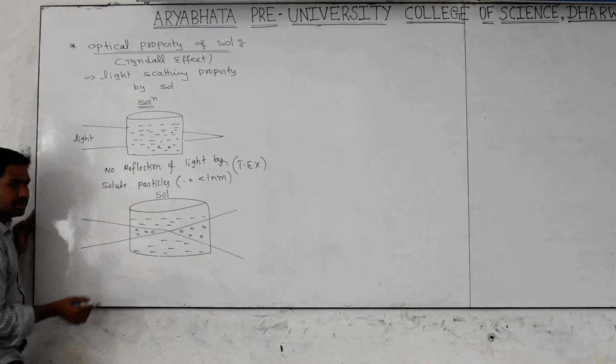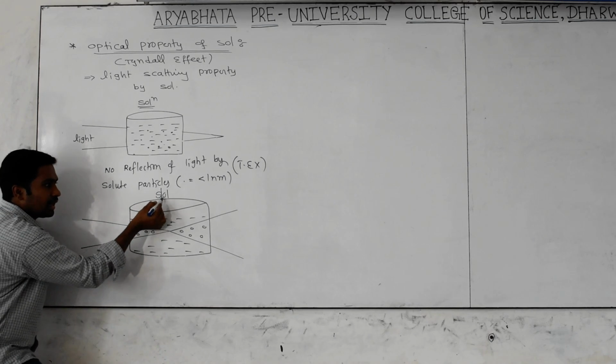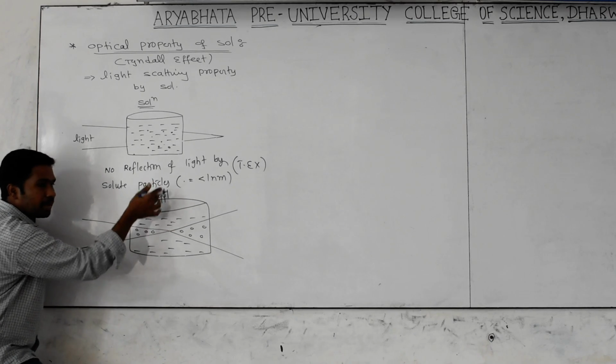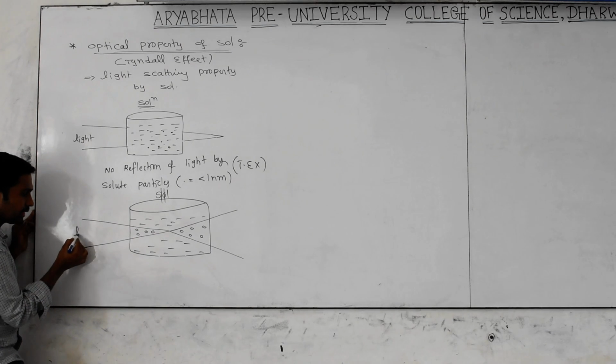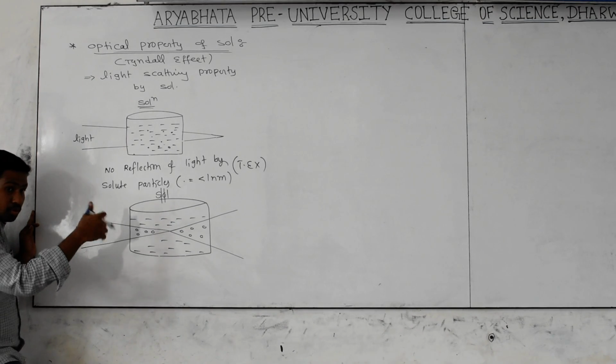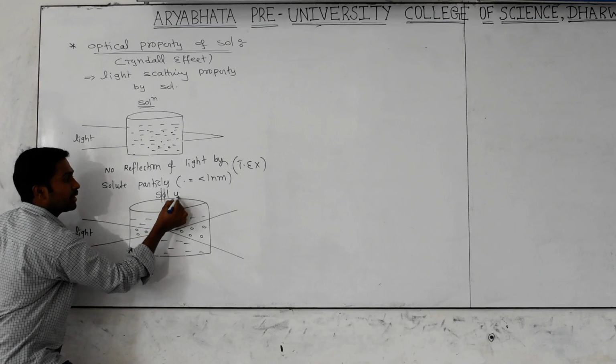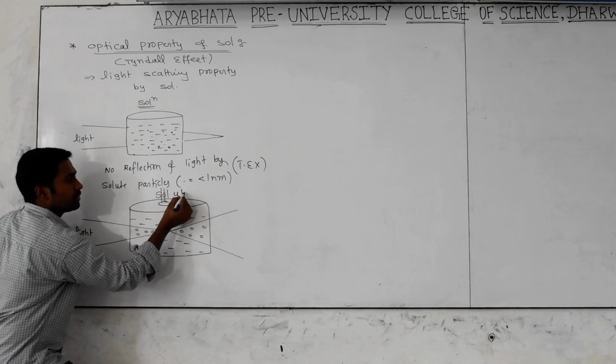Whenever you take it like this, all these things have to be studied by taking an ultramicroscope in the perpendicular direction to the incident light rays. For example, light rays fall in the x direction, and we have to observe everything from the y direction. That means you are taking an ultramicroscope here.